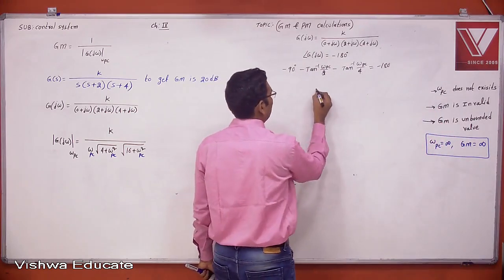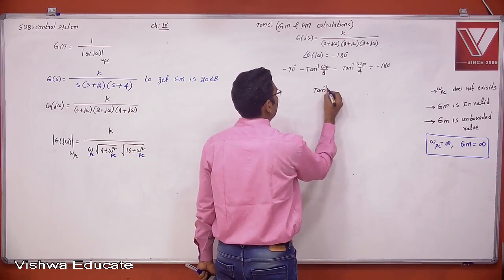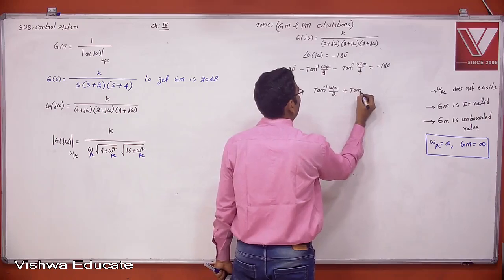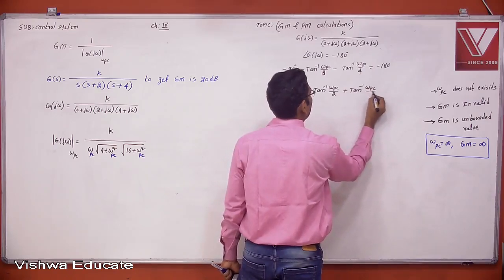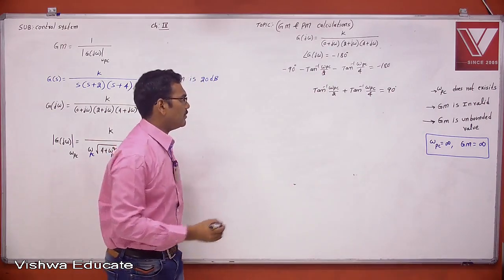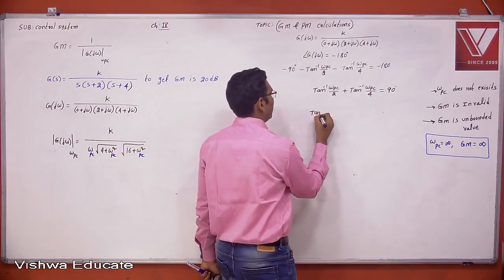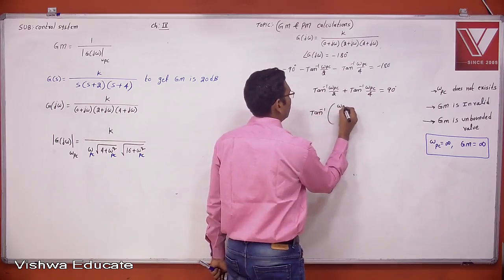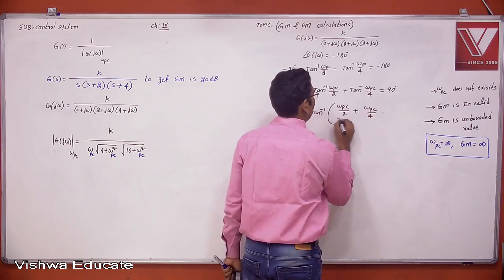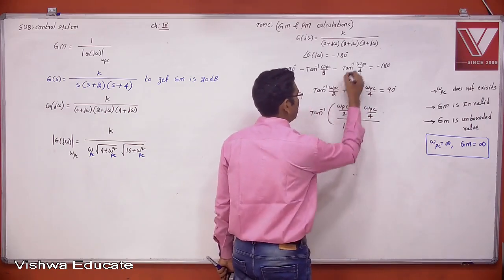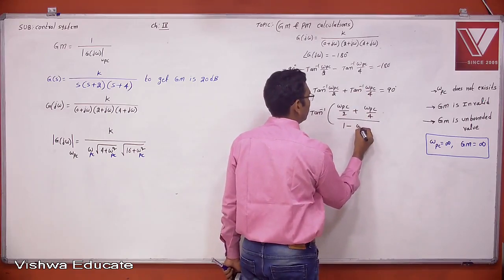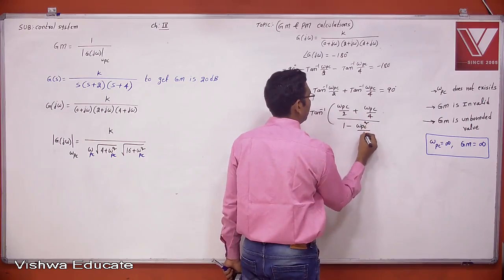So this is nothing but tan inverse of omega PC by 2 plus tan inverse of omega PC by 4, which is equal to 90 degrees. Tan inverse A plus tan inverse B is tan inverse of (A plus B) by (1 minus AB), which gives omega PC square by 8.